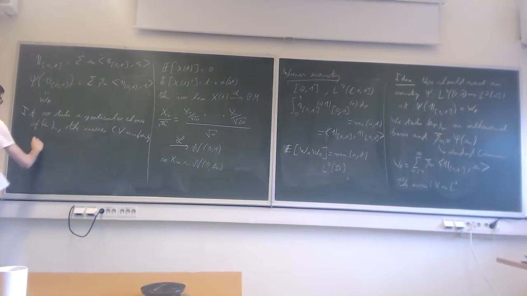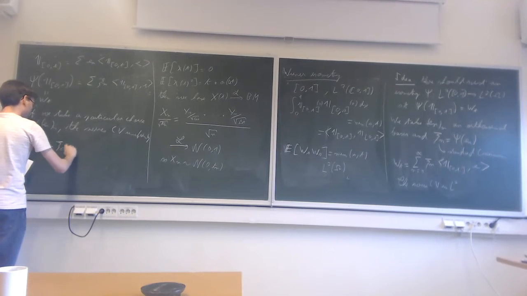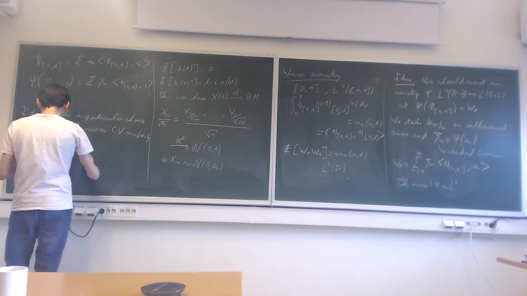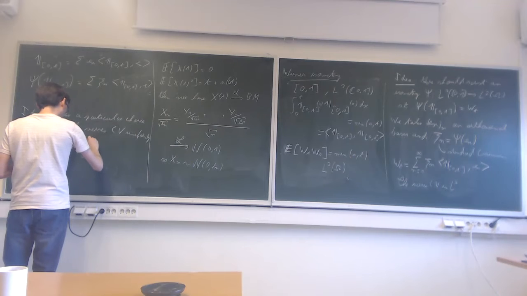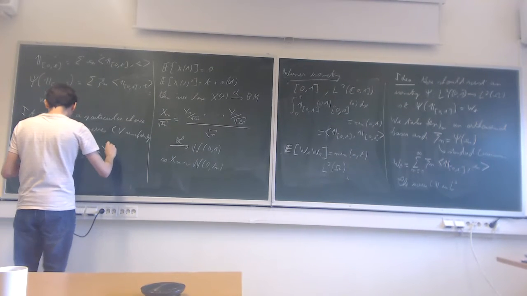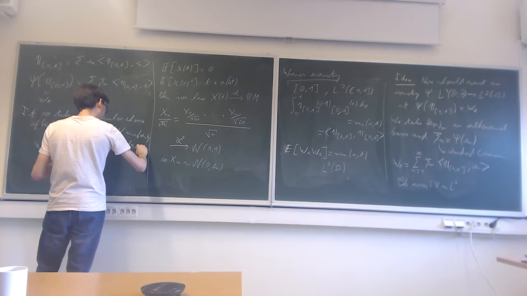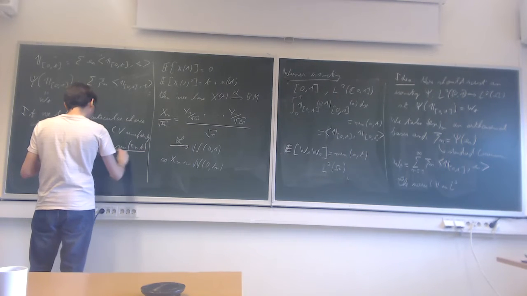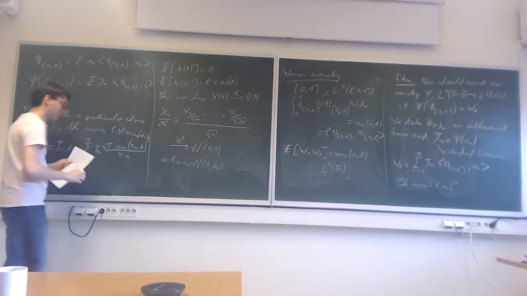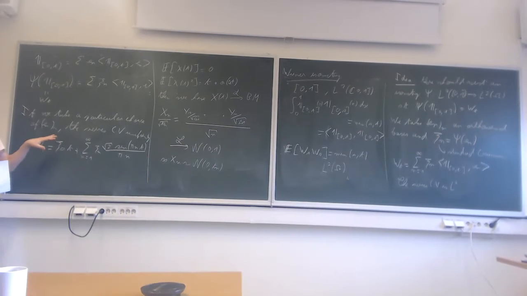What we have is, I just give it to you: psi 0 times t plus the sum from n equals 1 to infinity of psi n over 2 sine of phi n t, divided by phi n. But it's just a choice. You can prove that this is actually a Brownian motion. You can build it. This series converges uniformly.